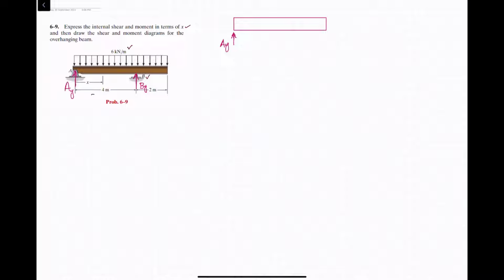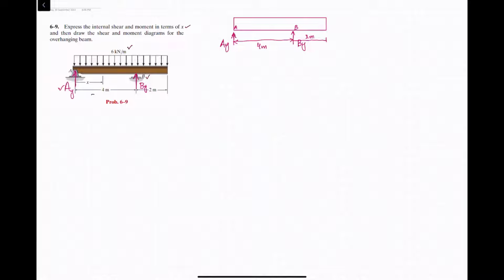And at point B we have load BY. This is point B, this is point A. The distance between point A and B is 4 meter, and from B to A till the end this distance is 2 meter.